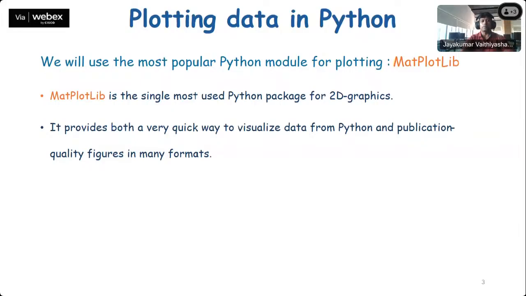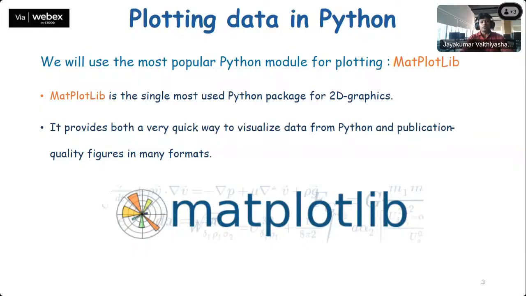Suppose you are scaling your image, the quality should not get reduced. It should be retained as it is whenever you are scaling up or scaling down. So this is the package we're going to use. First we cover the theoretical aspects of all these codings, then we'll go to Google Colab to see how to run this code. I'll share the code side by side in the chat box.